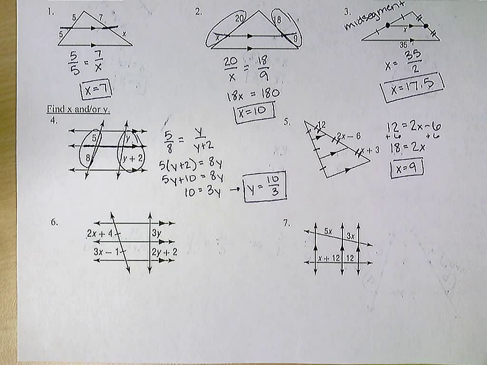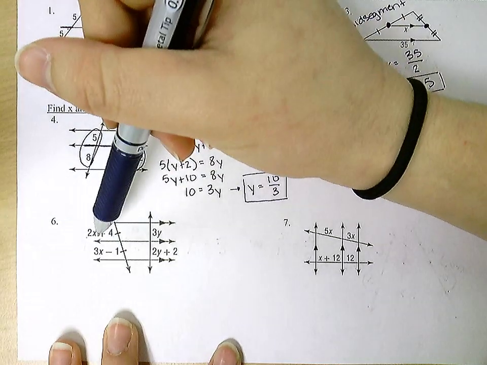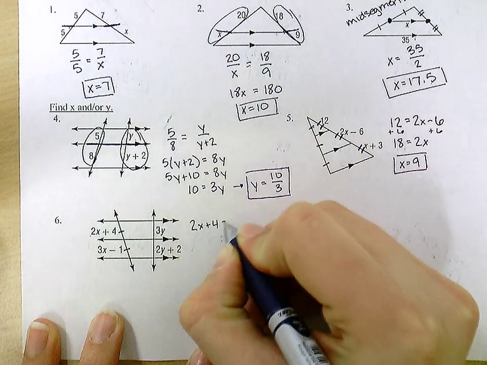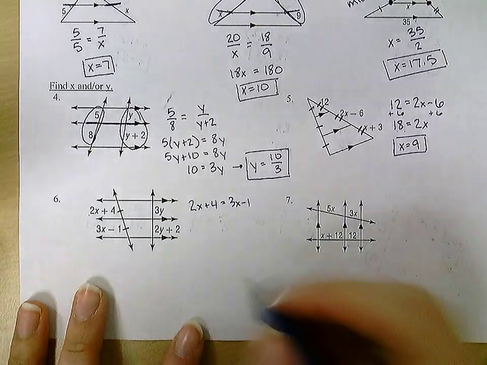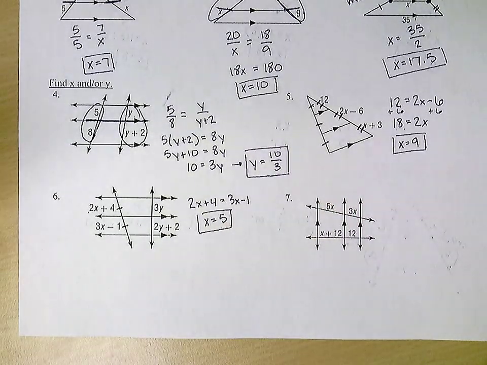So for number 6, I wanted you to notice that these two pieces are marked as congruent. So to solve for x, you just have to set them equal to each other. So 2x plus 4 equals 3x minus 1, to get x is equal to 5. Now, since those two pieces were congruent to each other and you have parallel lines, the side on the opposite side with those parallel lines also has to be congruent.